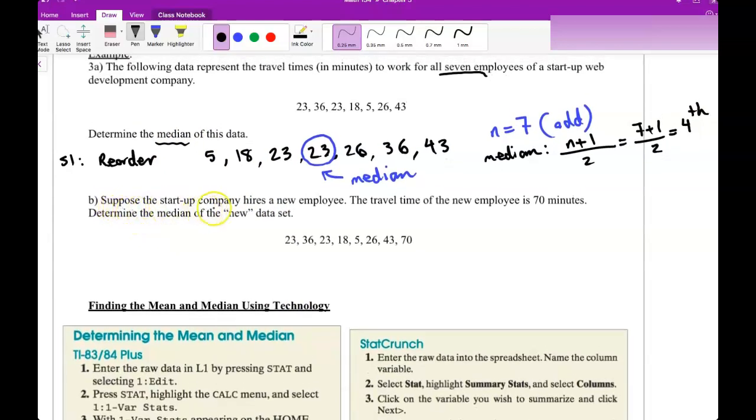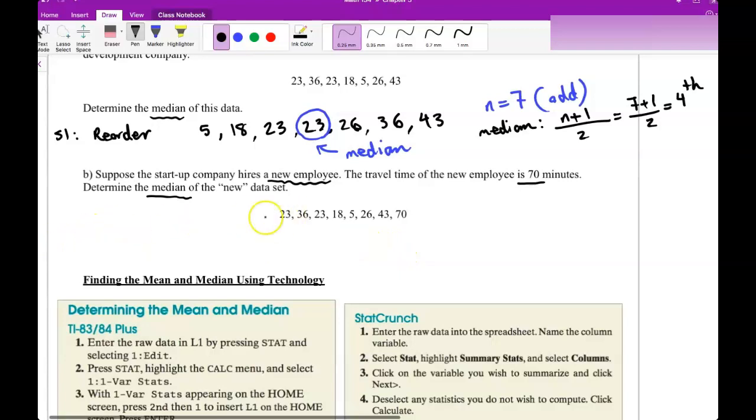Part B, suppose that they are hiring a new employee. The travel time of the new employee is 70 minutes. Determine the median of the new data set. Here we have exactly the same thing, but the only difference is we added this 70 minutes for the new employee.